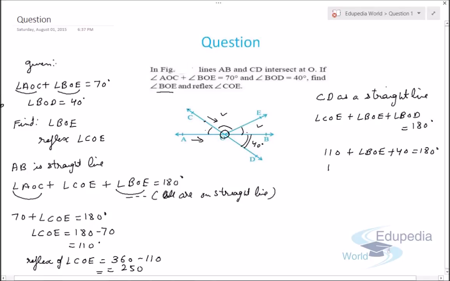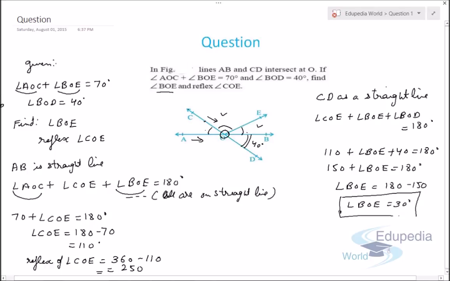So this will be 150 plus angle BOE equals 180 degrees. So angle BOE will be 180 minus 150, which is 30 degrees. So we got angle BOE as 30 degrees.